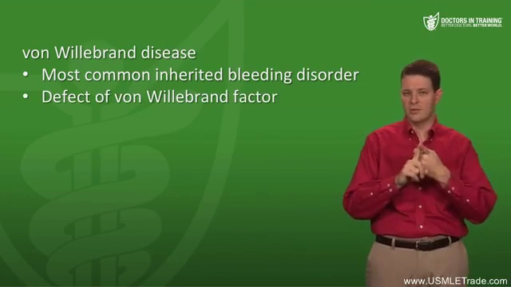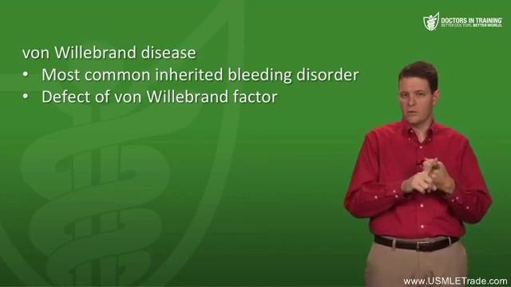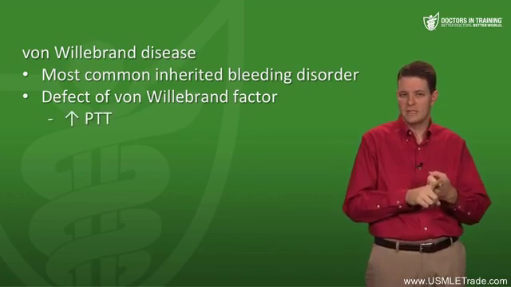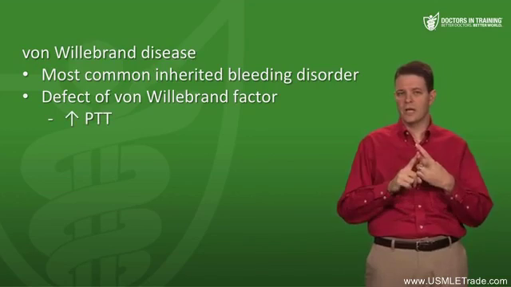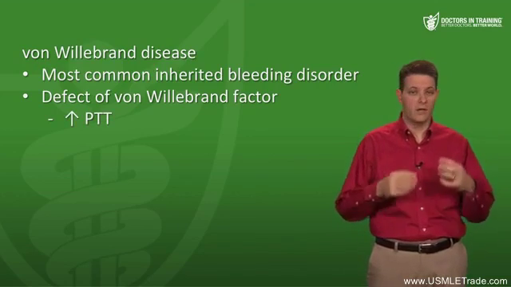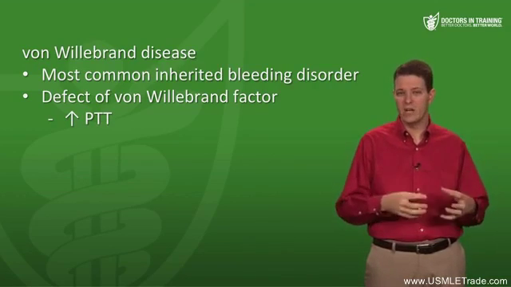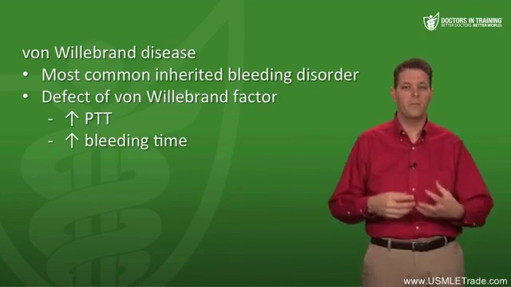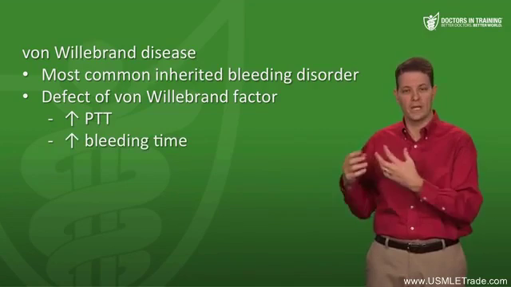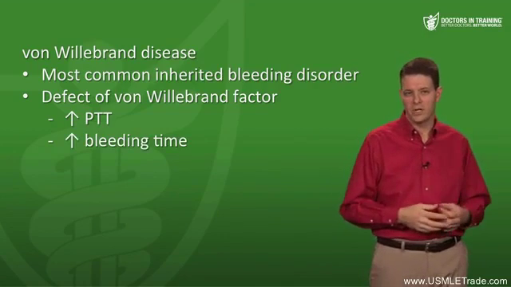It stabilizes and protects factor VIII, so a von Willebrand factor deficiency is going to increase PTT, and it binds to the subendothelial collagen and to glycoprotein 1b on platelets. So if that doesn't happen, the platelets can't adhere to the vessel wall and you'll have prolonged bleeding time. So that's why this is one of the mixed disorders. It affects both the coagulation cascade and platelet function.